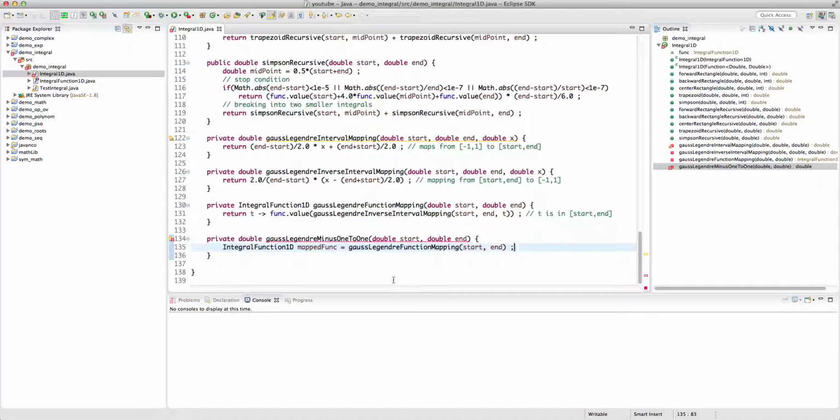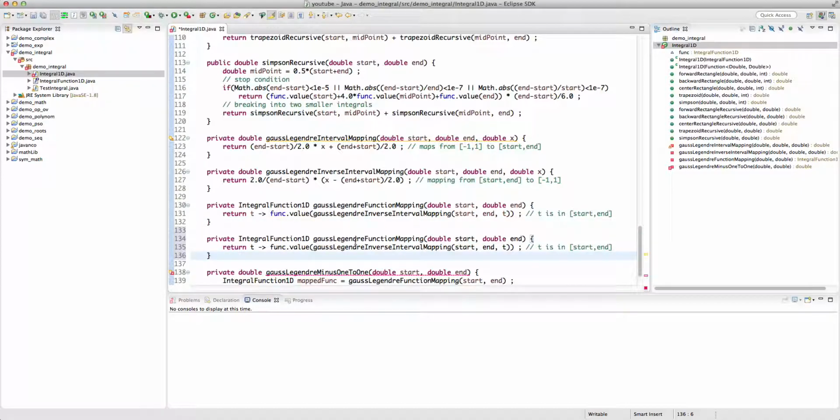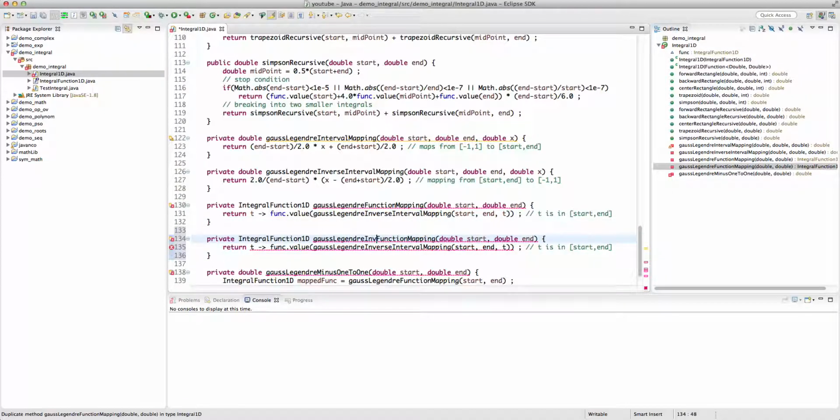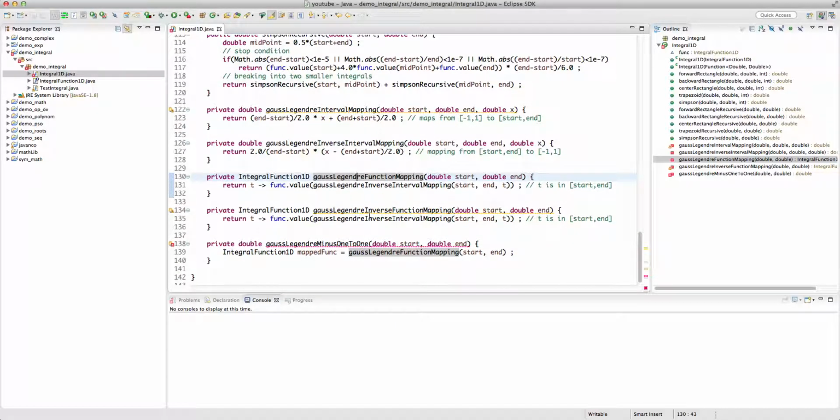Okay, and then let's also create another one, inverse function mapping. Inverse function mapping, we have to use the interval. So here t is in -1 to 1, okay?